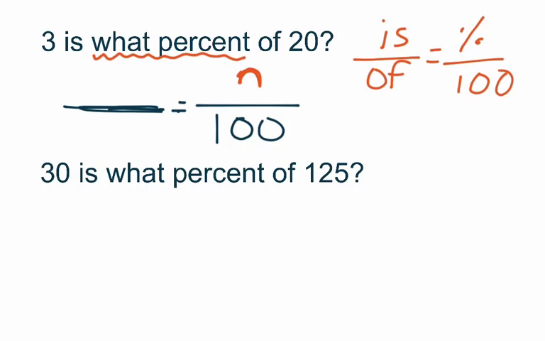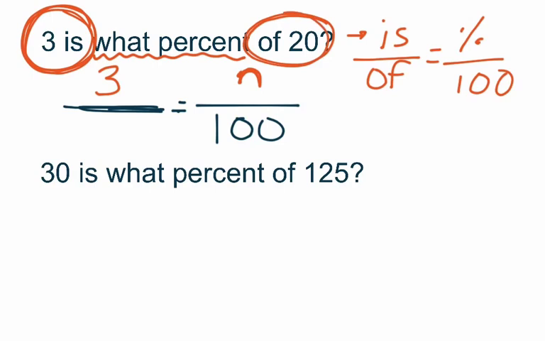Next, it says 3 is what percent of 20? Now, let's think about our proportion here. What is our part? Our part is 3. And a big hint is it says 3 is, being the top or the numerator number, of 20. So 20 is going to go here. Now for the solving piece of this, remember we can solve vertically, horizontally, or with cross products.